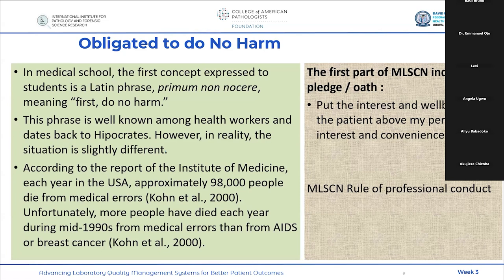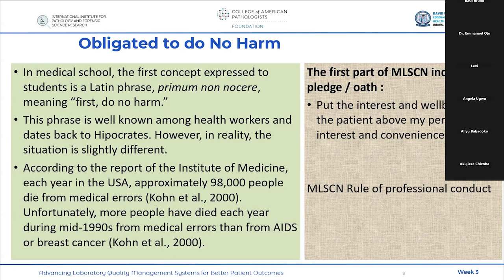And now the point is whether we are actually following this concept again. As we see, according to a study in year 2000, in a report by IOM, about 98,000 people die from medical errors. And we are going to see what normally leads to medical error in a hospital setting.